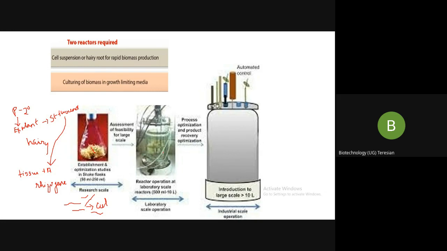The cost of investment is very high. Suppose I am investing my money in the bioreactors, it will be very costly for me. But the end product that I'm going to get, that secondary metabolite, is highly expensive. Whatever I told you, in pharmaceutical, in the food industry, or in any other industry, we use all these secondary metabolites.